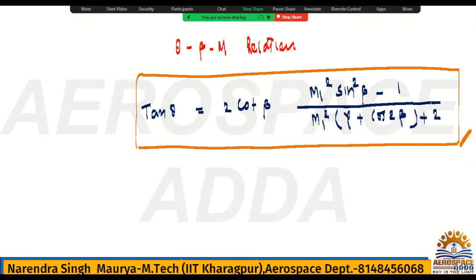Now a virtual calculator is available in the system itself, so it is very difficult to calculate. Earlier, in 2014, 15 and before that, an engineering calculator was allowed. But now they are using the virtual calculator, so this type of equation is difficult to solve. But nothing to worry, they will give you the table, and I'll tell you how to get the value from that table.